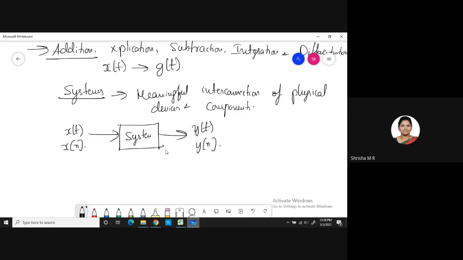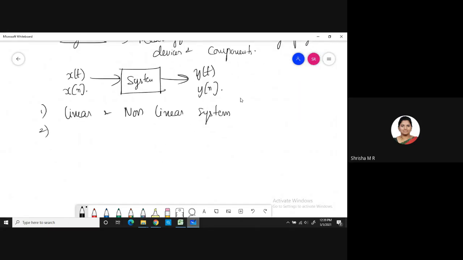So we'll be discussing the properties of systems. Like we have seen classification of signals, we have classifications of systems also, different types. So there are different categories of systems. First you have linear and non-linear systems. Next you have memory-based systems and memory-less systems.